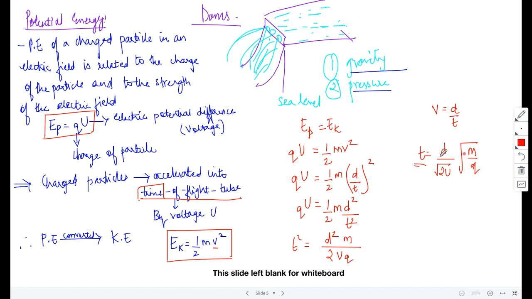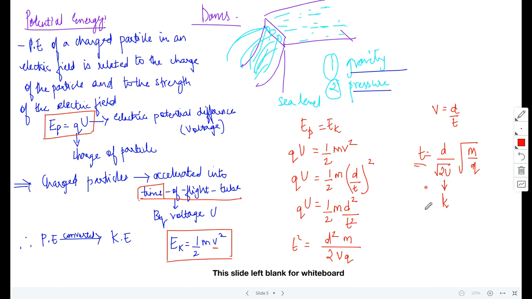Now, why have I written these two separately, and why have I not put it into one whole thing? This value, that is the distance divided by the root of 2U. What is U? It is a voltage, right? This whole value contains a constant, and this constant I am going to denote by the term k, a small k. You understood what is happening?